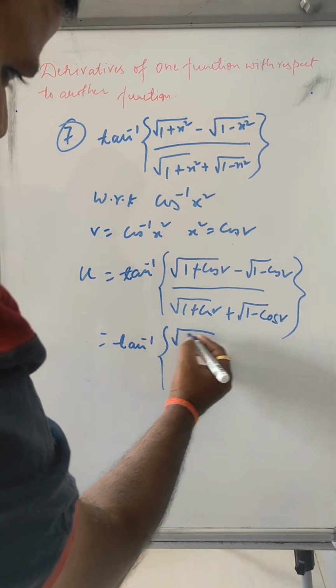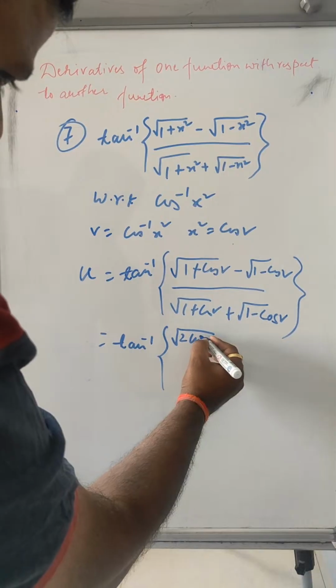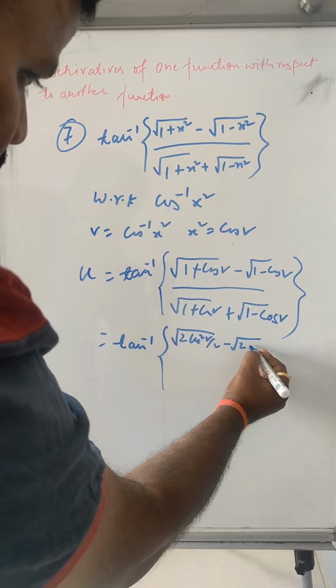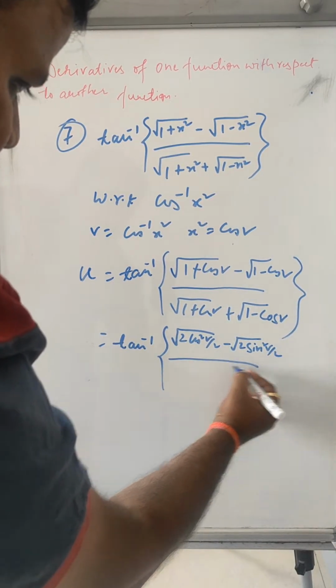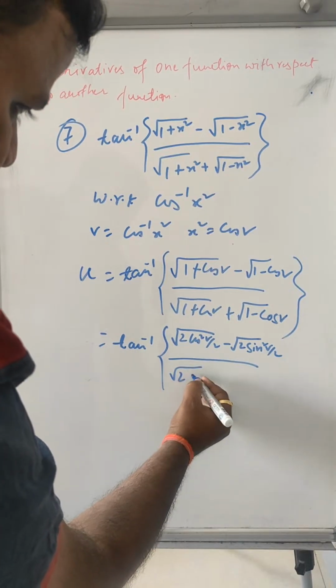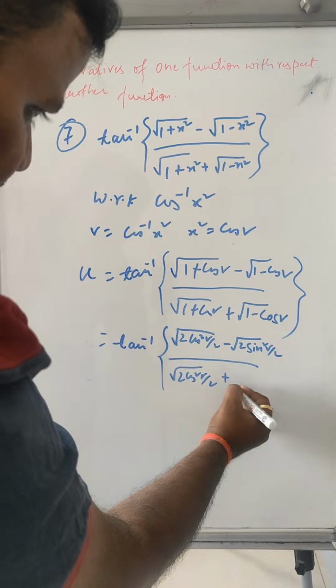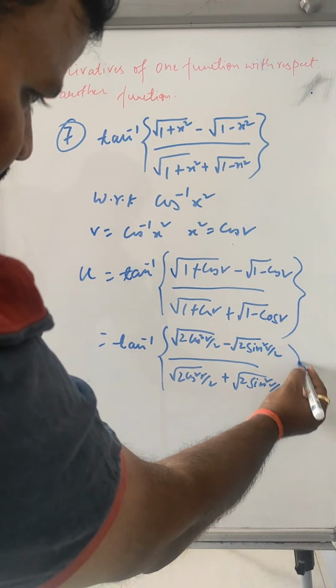We can write directly 2 cos square v by 2 minus 2 sin square v by 2, similarly 2 cos square v by 2 plus 2 sin square v by 2.